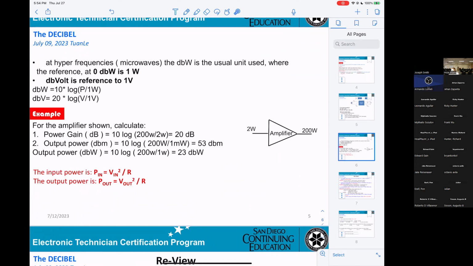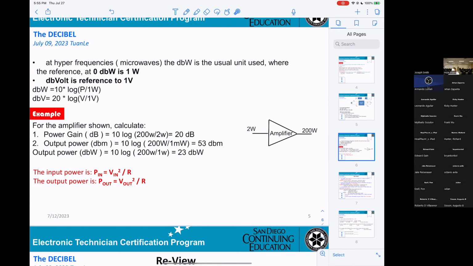Now, at hyper frequency microwave, the dBW is the usual unit where the reference of 0 dBW equals 1 watt, and dBV is referenced to 1 volt.